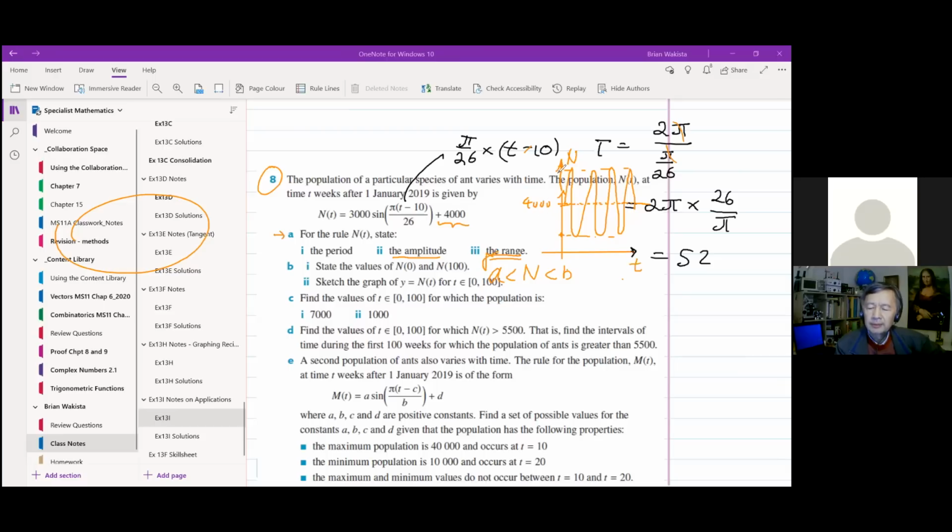The maximum is 7,000, so 4,000 plus 3,000. Yep, and the minimum is 1,000. So the range is 6,000.